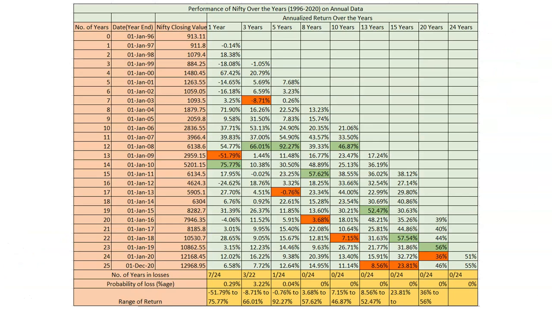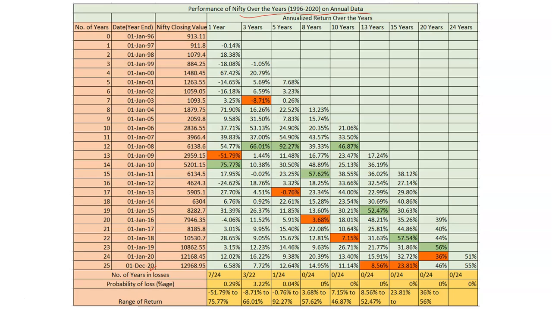Moving further, here we have the performance of Nifty over the years from 1996 to 2020, and as I am posting this video in December 2020, I have taken the last value as 1st December 2020. These are the closing values, or you can say the opening value on 1st January 96, which I have noted down for different years.